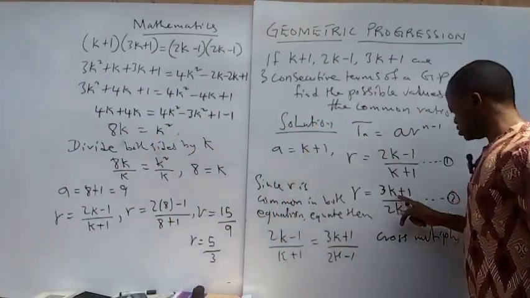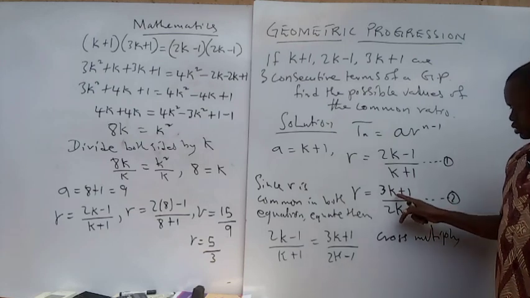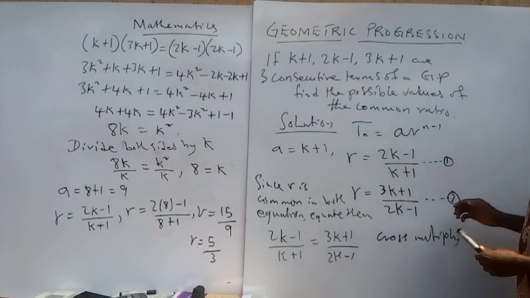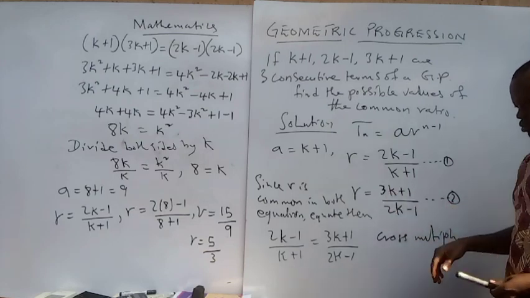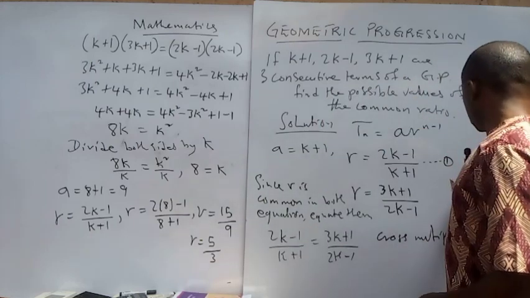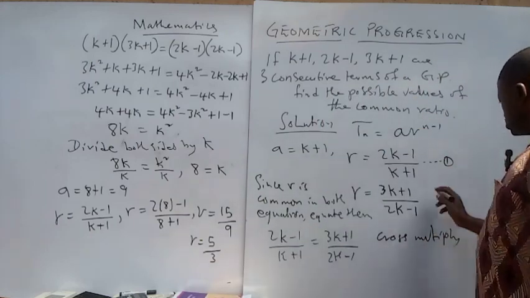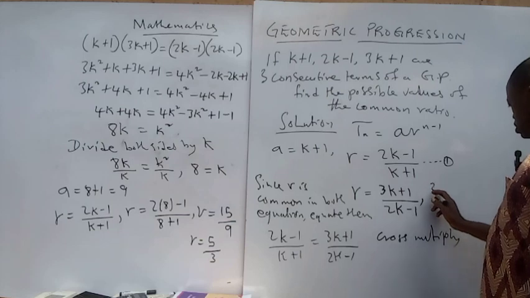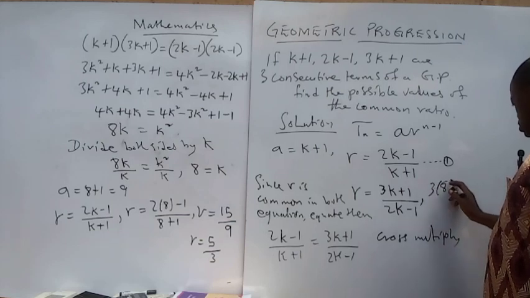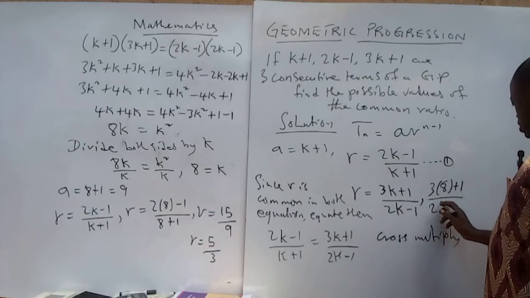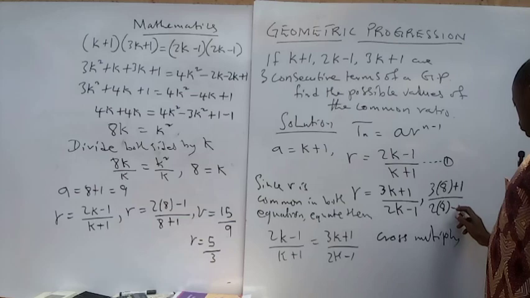Let me check here if it is still going to give me the same thing. 3 times from this second equation. Let me check if it is going to be the same thing. 3 times 8, comma, 3 in bracket 8 plus 1 all over 2 in bracket 8 minus 1.